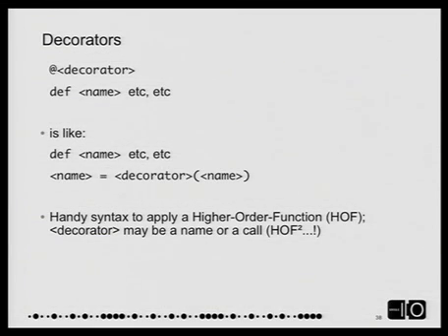Whenever you write this, it's as if you've done your def, so created your function object, and then rebound the same name, which you used in the def, to whatever happens passing the function object as the argument to the decorator. So basically, decorator has to be a higher order function, or it could be a call to a function returning a higher order function, higher order squared function.